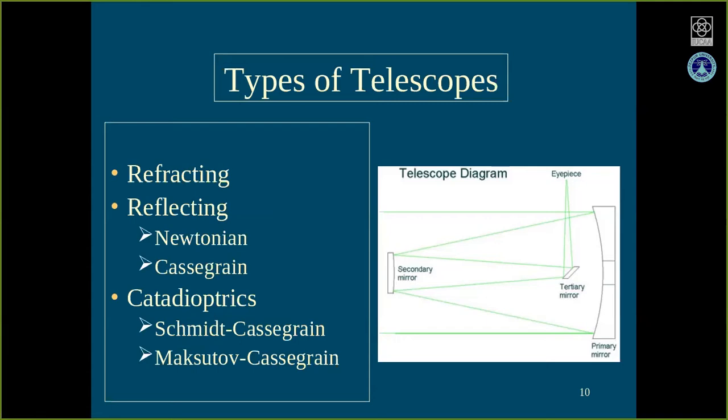I'll give you one example. I was very much involved with the 3.6 meter Devasthal optical telescope. I was in charge of the observatory control system as well as optics. Could you imagine the total cost of that telescope, India's largest?